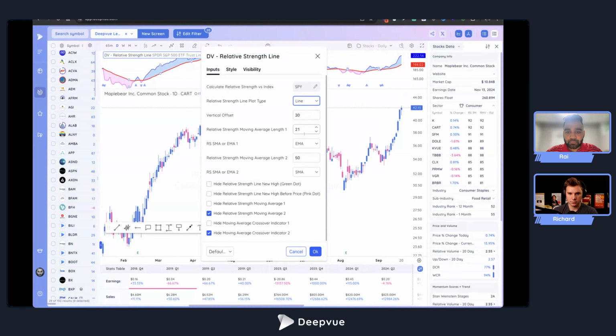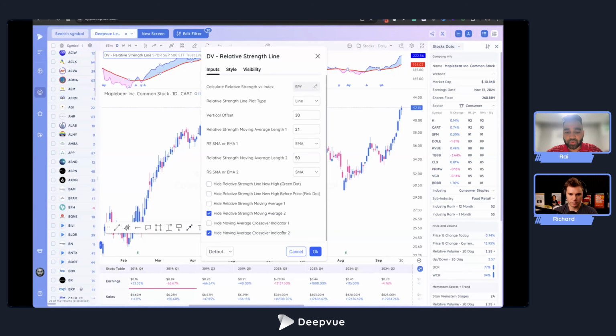The rest of them are more about the moving average that you want to put on top. So what we define as relative strength phases. If I put the 21 EMA or SMA, depending on your personal preference, and then we have a lot more, you can hide the green dot or the pink dot. These are highly specialized: is the relative strength line making a new high, or is it making a new high before price?